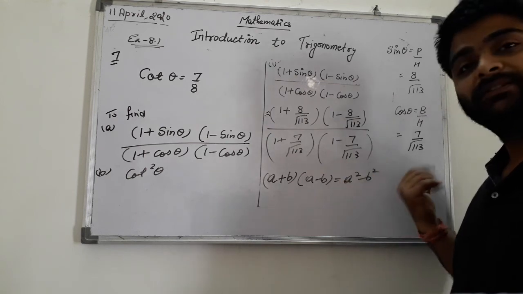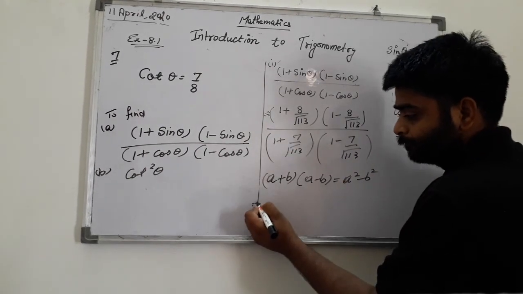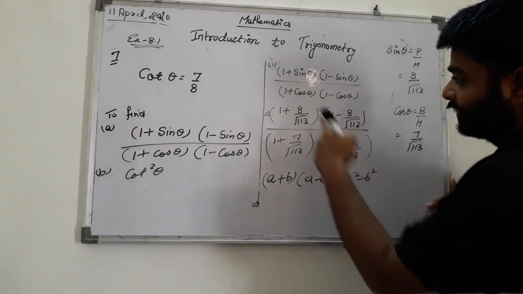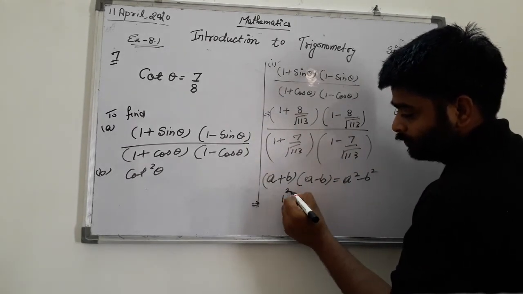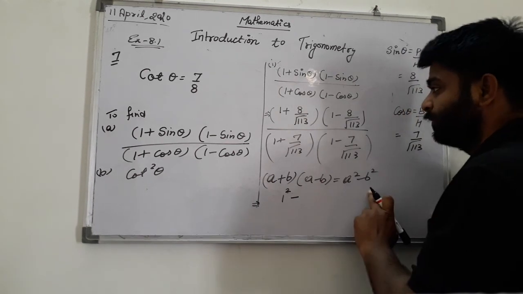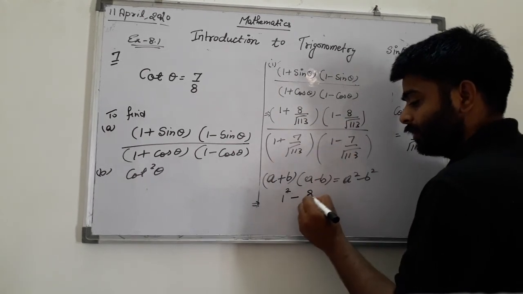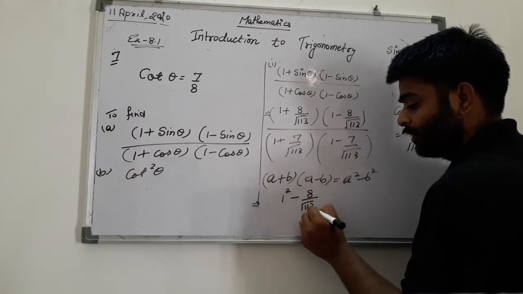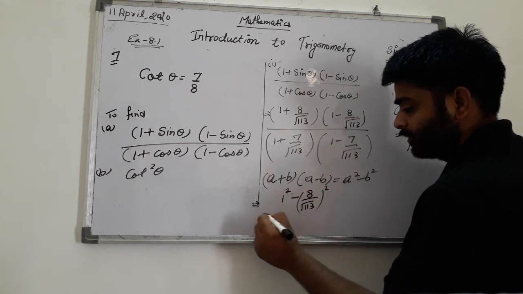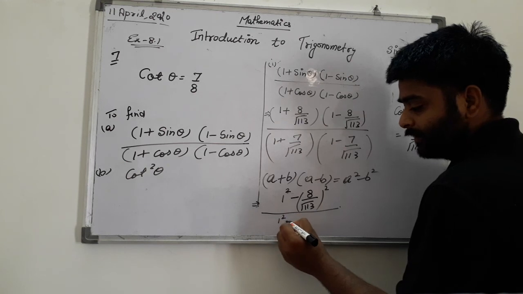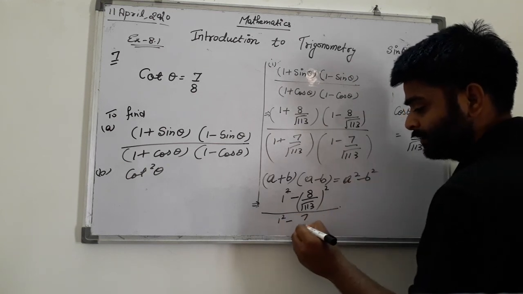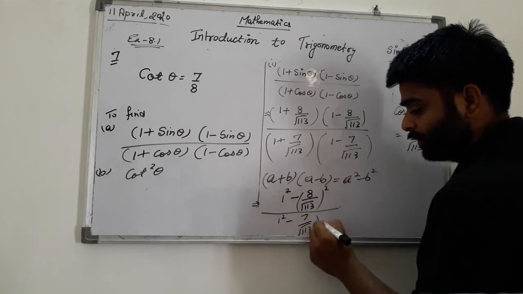Again A square minus B square will be there. So 1 square minus (8 upon root 113) whole square, divided by 1 square minus (7 upon root 113) whole square.